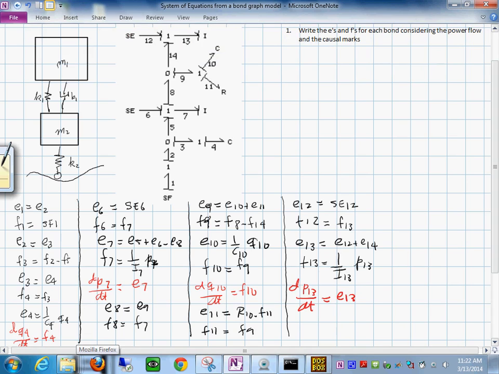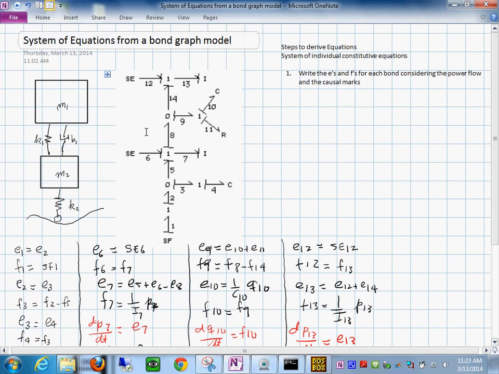So now I derive the individual equations. In the step, write the E's and F's for each bond. Consider the power flow and the power flow marks. Here you consider which bond sets, or you can say caused, the efforts.